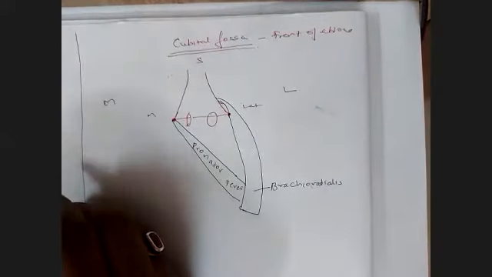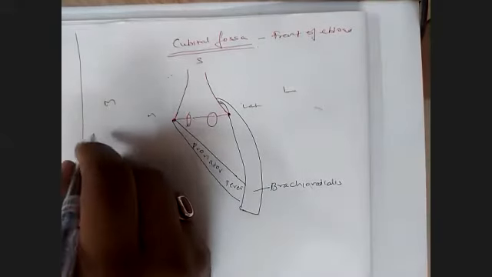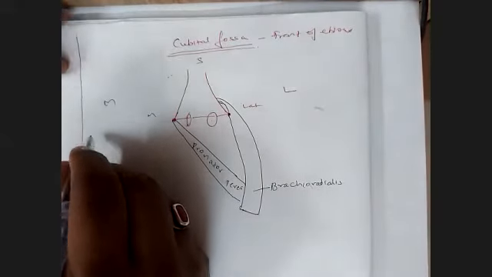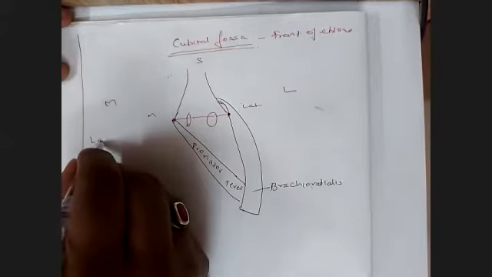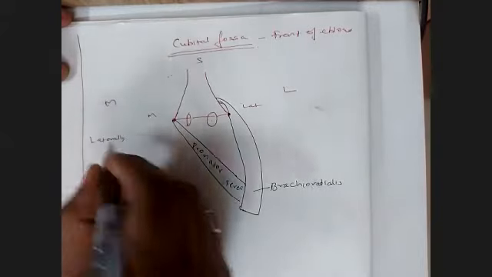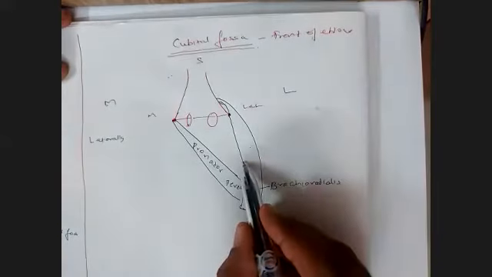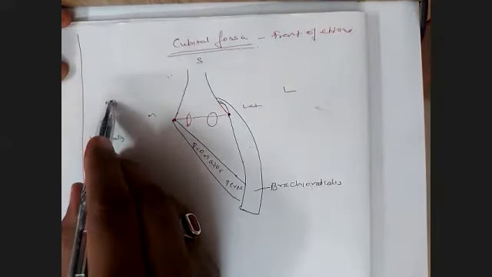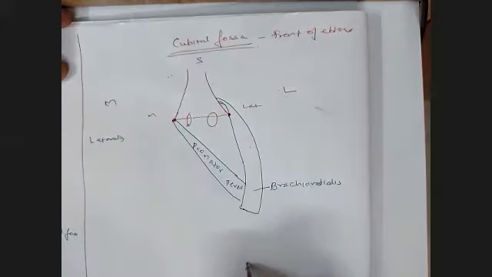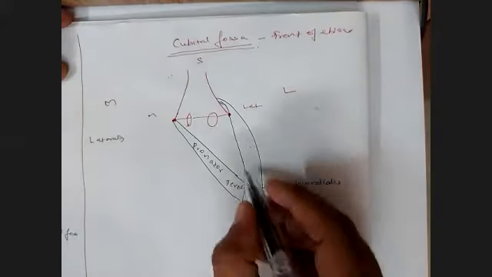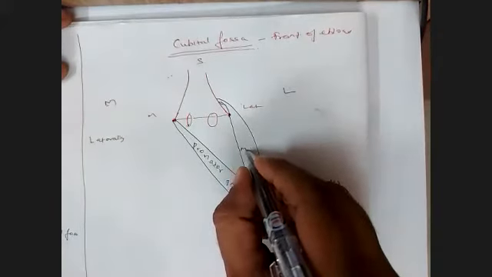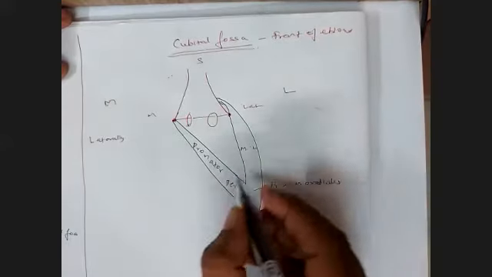Now, when we say the boundaries of a fossa, we have to define it clearly, what lies laterally. So laterally is brachioradialis. But this brachioradialis also has two borders: this is the medial border of brachioradialis, this is the lateral border of brachioradialis.